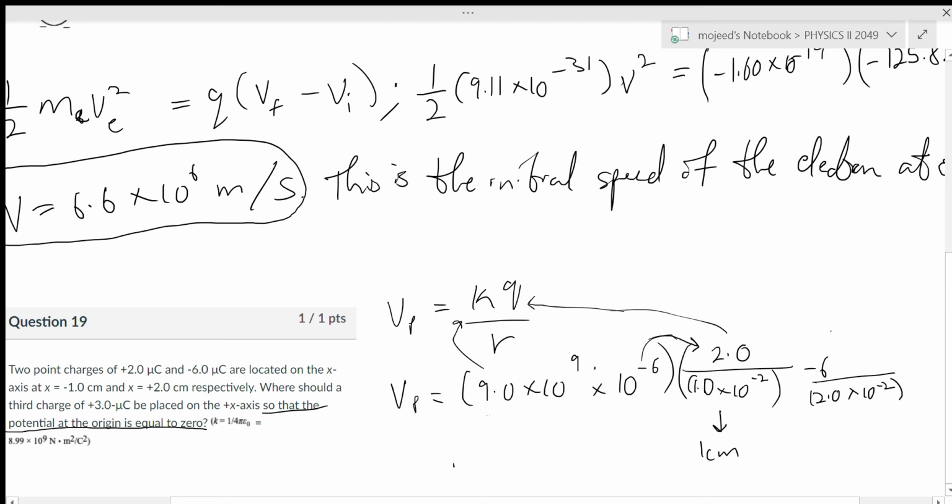the charge, which is negative 6 microcoulombs, and this takes into account the distance, 2 centimeters.